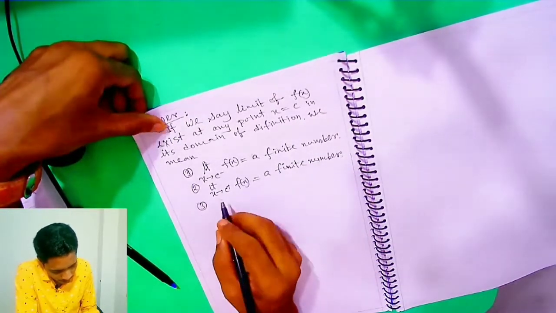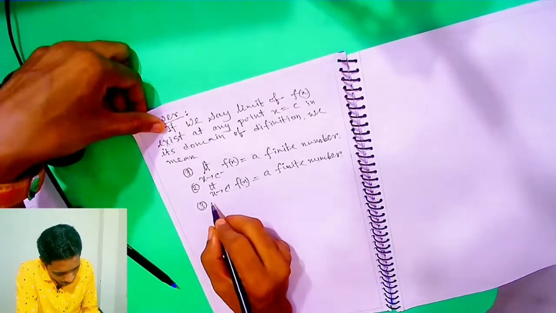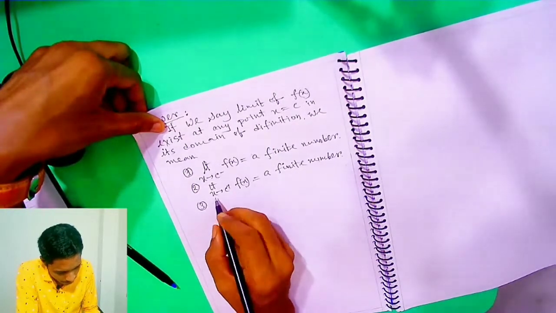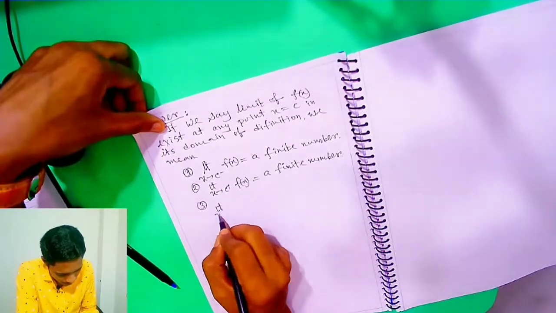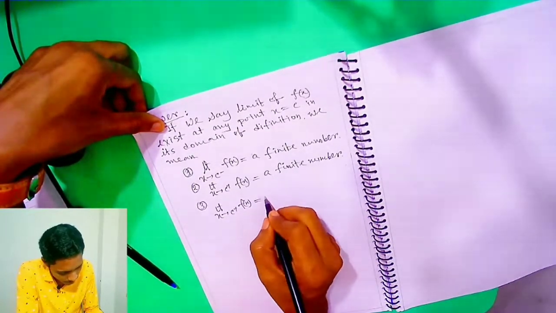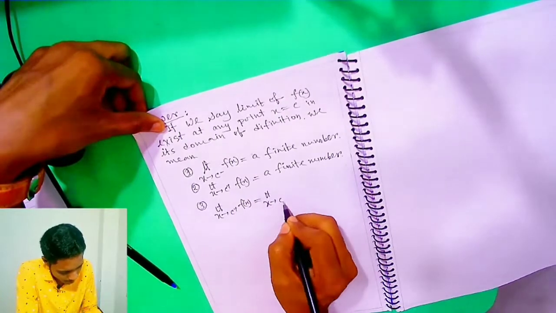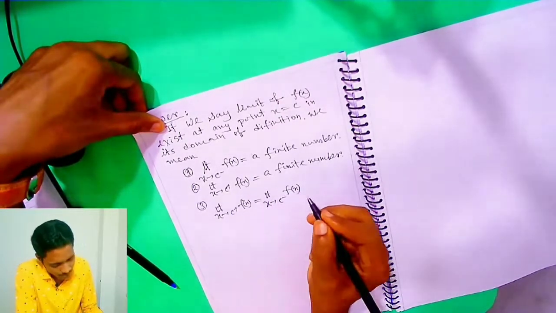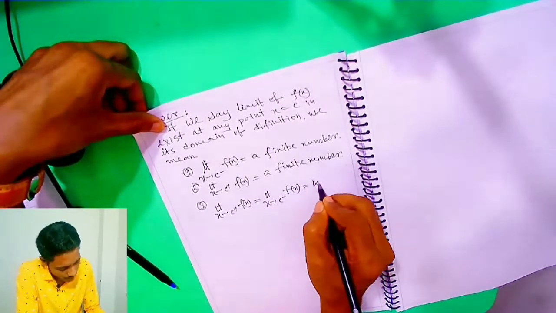Third, limit x tends to c plus f(x) is equal to limit x tends to c minus f(x) is equal to k, say.